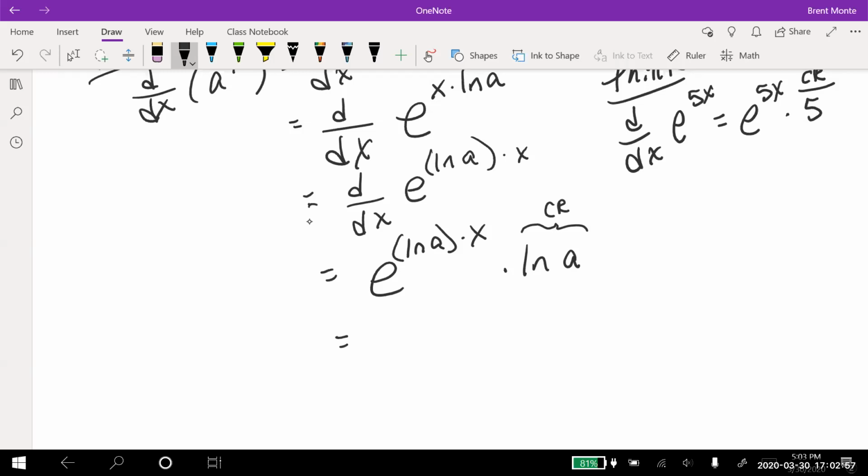So I can write this so that it looks a little bit more familiar. I'm using the commutative property of multiplication again. So instead of ln of a times x, I'm doing x times ln of a. I've still got this ln of a on the outside.